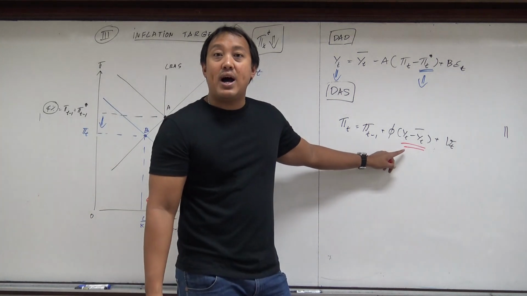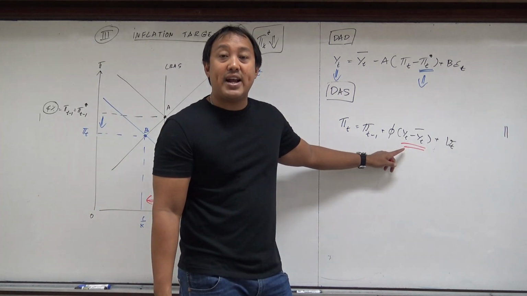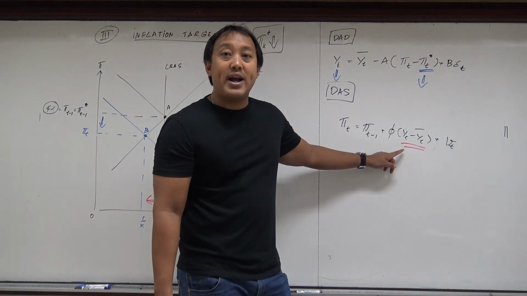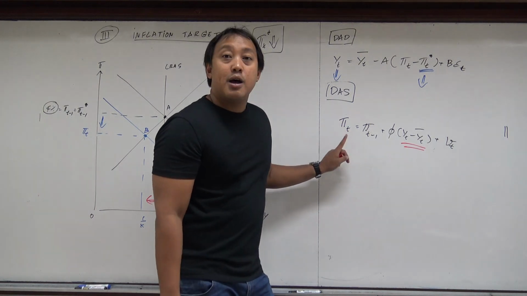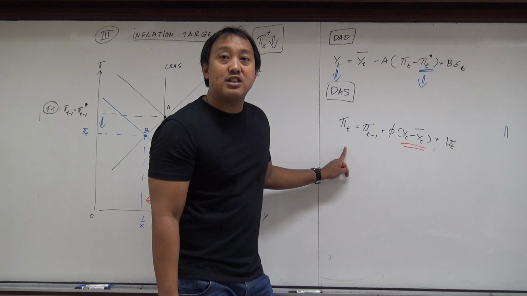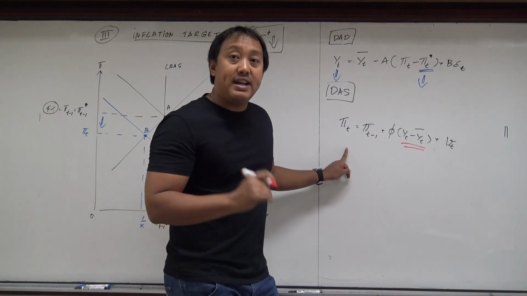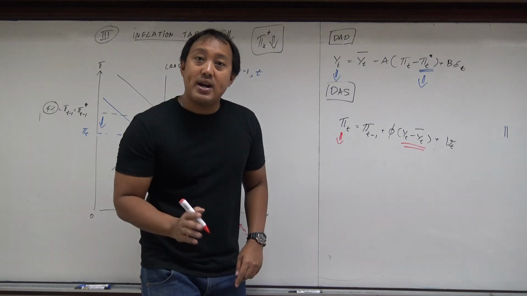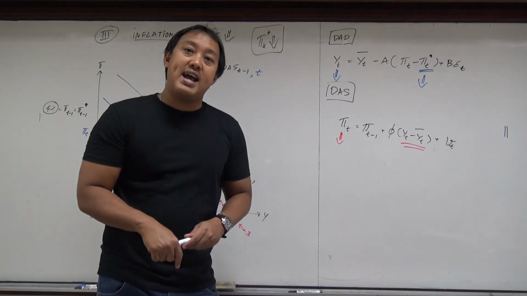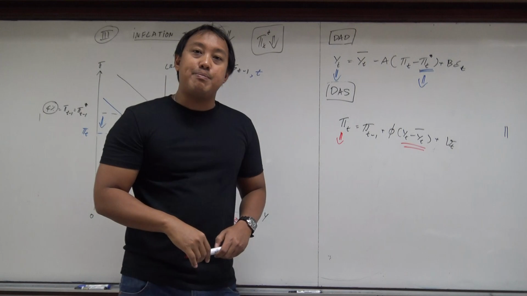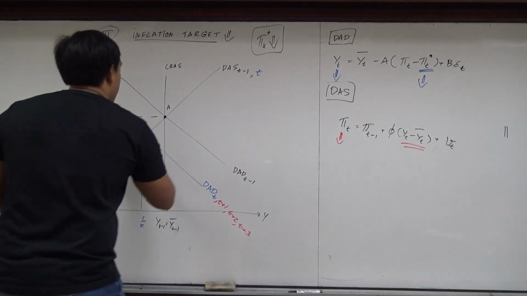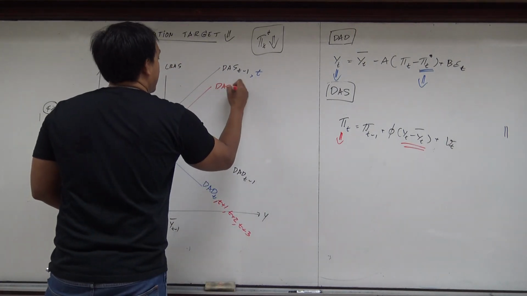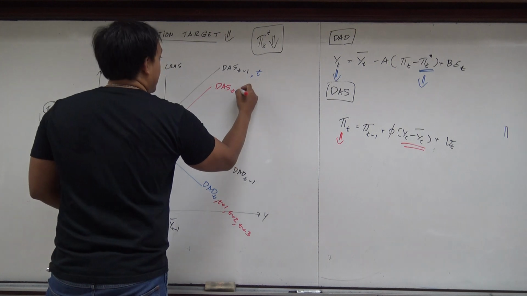This bracket becomes negative. When this bracket becomes negative, it means that pi t, inflation today, is going to be lower than inflation yesterday. So it means that DAS is going to be shifted down a little bit day by day. This is DAS at time t plus 1.